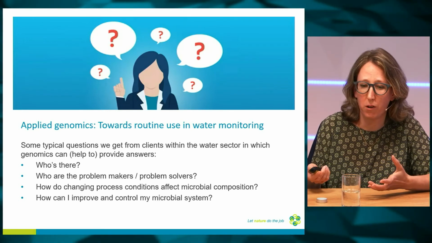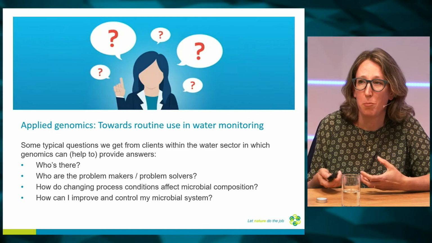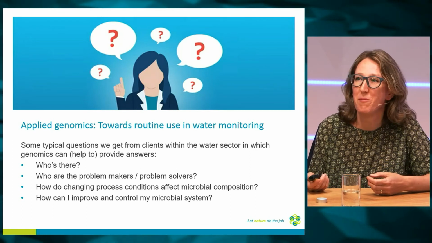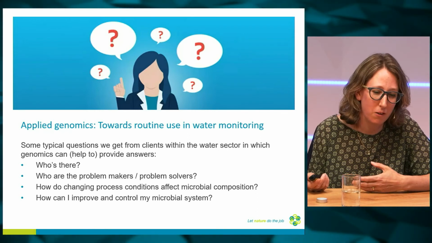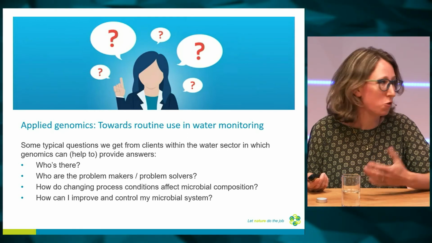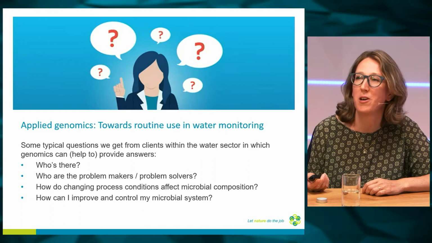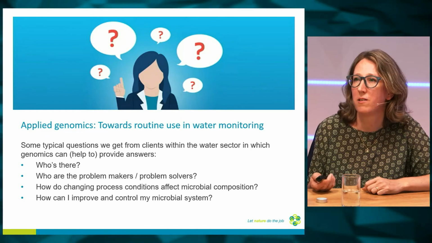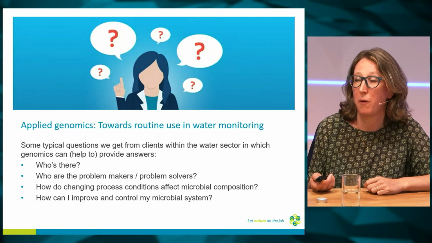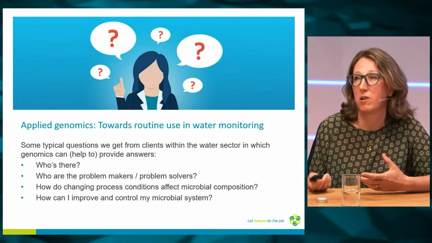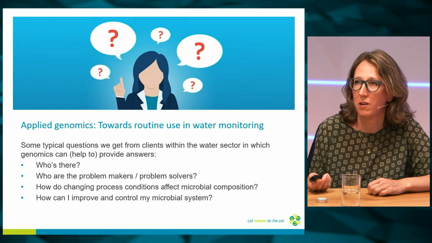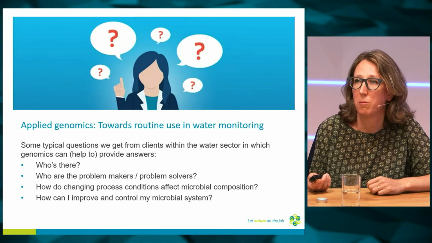So, for example, if there's a certain precipitate being formed, which organisms might be doing that? Could they be pathogens, or the smelly ones, the ones that are producing sulfides? Then we're really looking more at who they are and how we can maybe get rid of them. Sometimes, of course, they're also the good ones, so the ones that are degrading a certain contaminant and the ones that you want to have in your system.